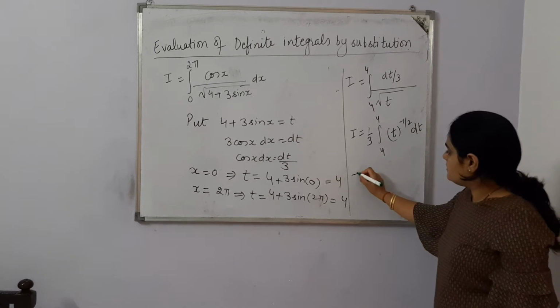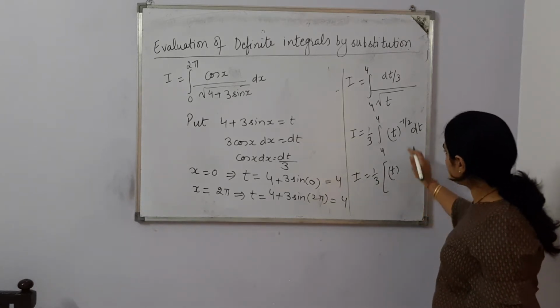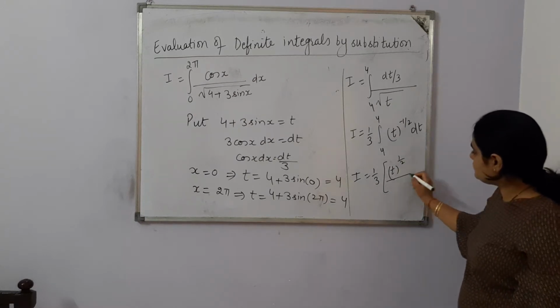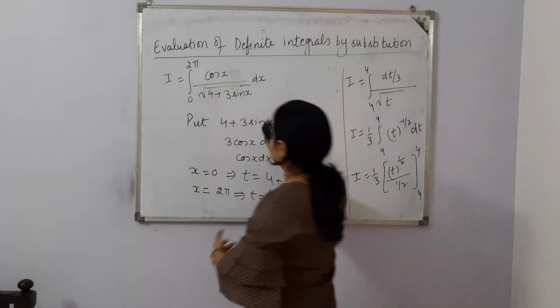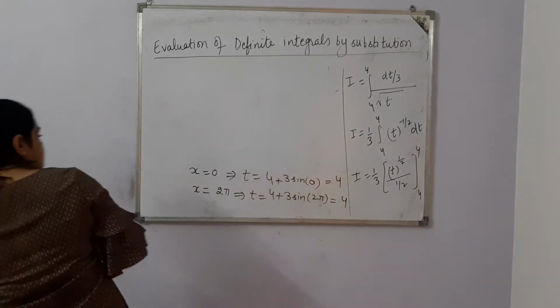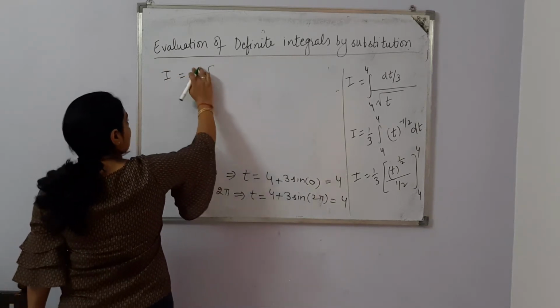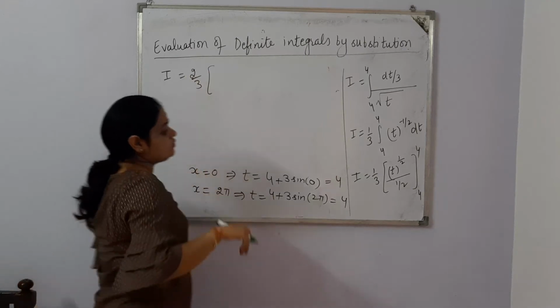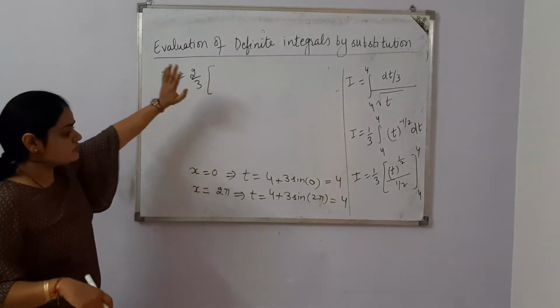So after integration, what I will get: t raised to power minus 1 by 2 plus 1, which is 1 by 2, whole upon 1 by 2, from 4 to 4. I is equal to 1 by 3 and this 1 by 2 is in the denominator, so in the numerator it becomes 2.